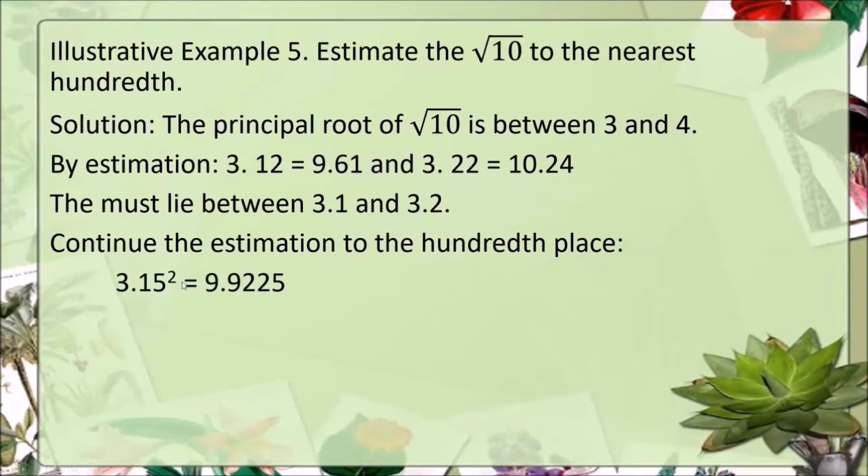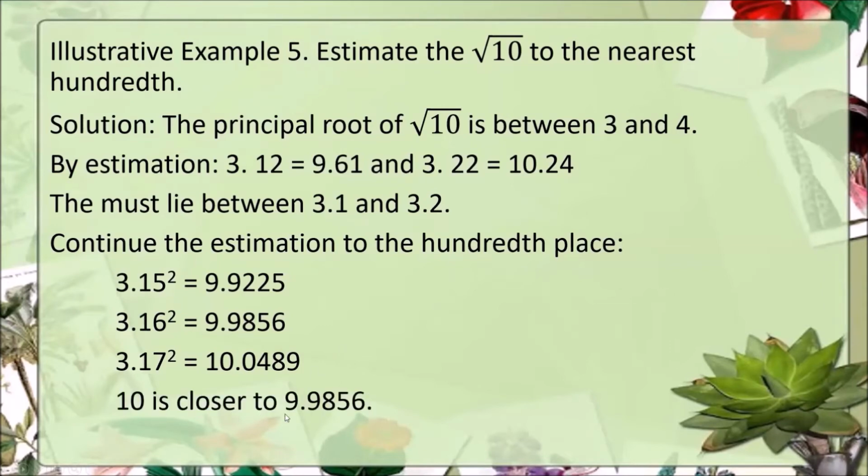So, 3.15 squared is equal to 9.92. 3.16 squared is equal to 9.99. 3.17 squared is equal to 10.005. So, ito ay sobra na. Therefore, we can conclude that 10 is closer to 9.99.